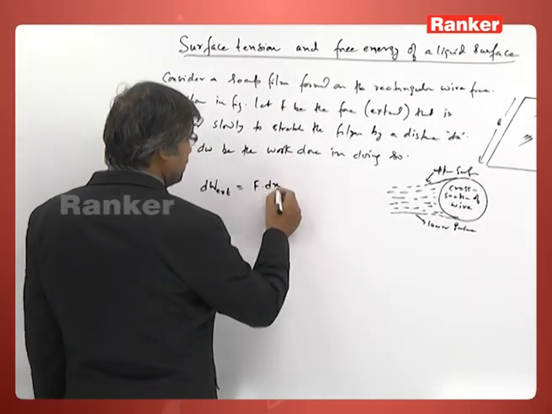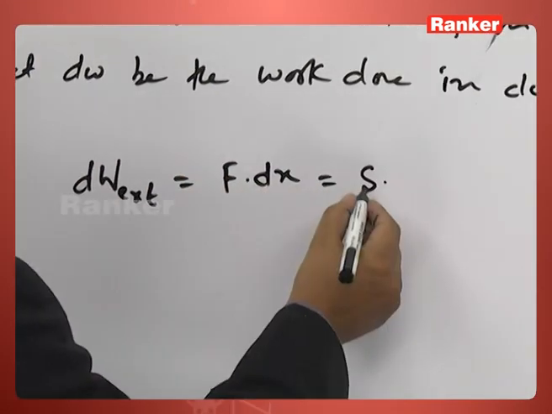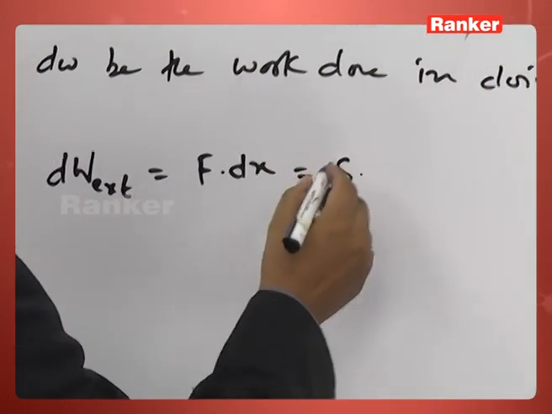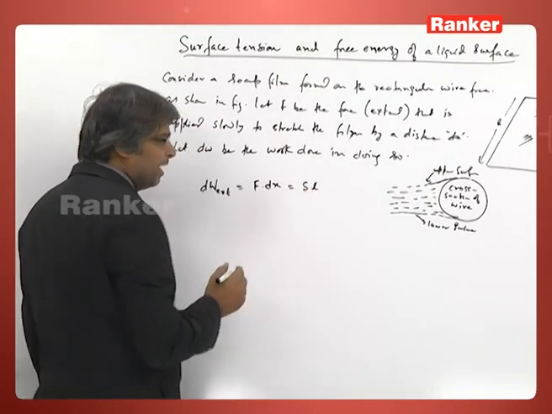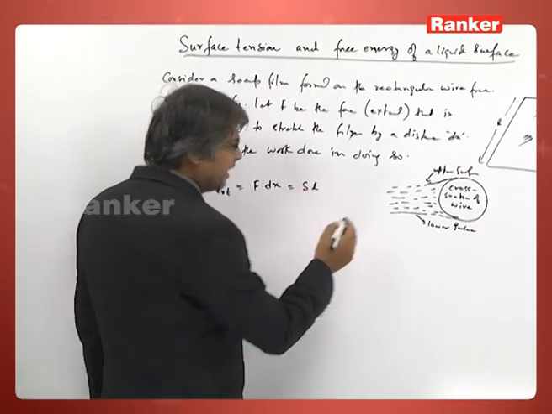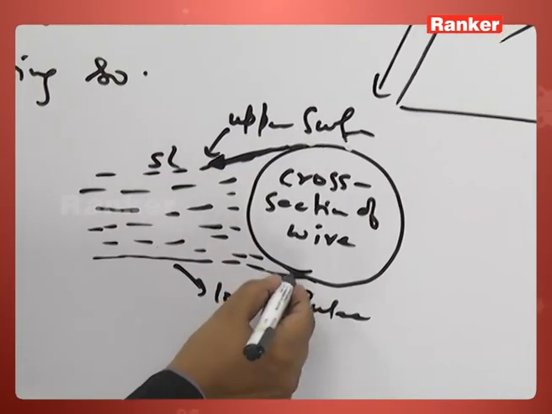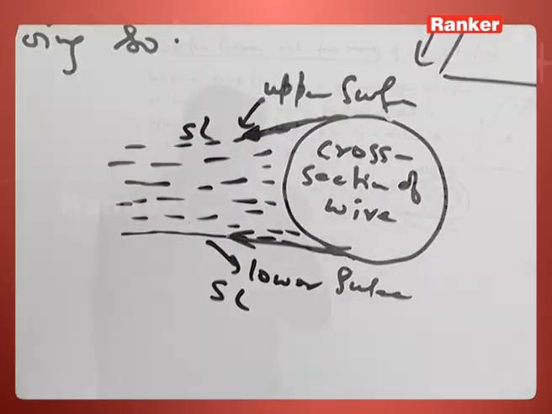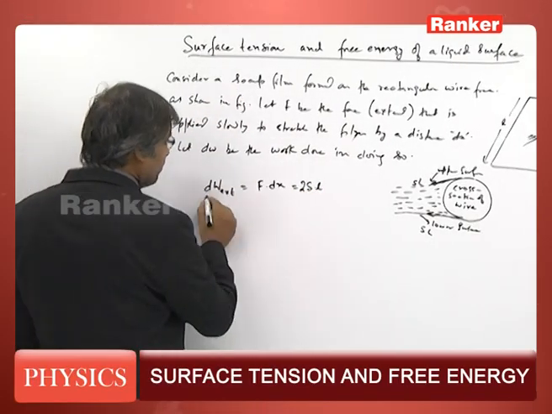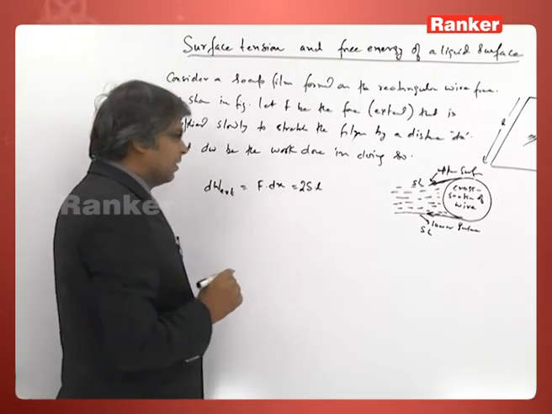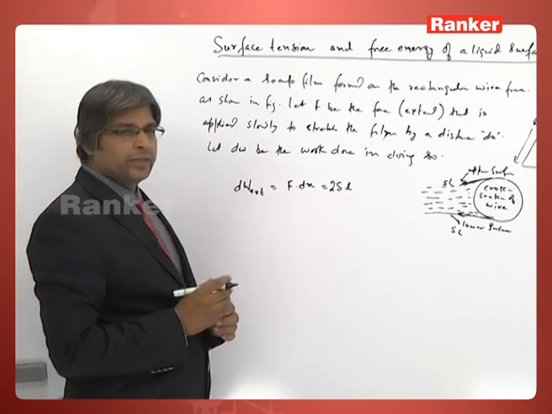The surface tension S acts in that direction, so the force is S into L. Now, there are two surfaces, so this side has force SL and this side also has force SL. So, I have 2SL as the force, and the work done is F dx, which I will denote by work done.